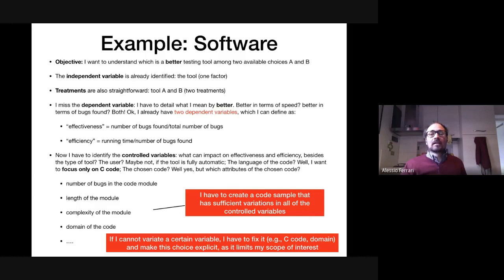In this case, if the theory depends on it, it may limit your scope of validity as well. But you can say, okay, I want to refocus my theory only on this domain and on this type of code. So this creates a boundary. The controlled variables somewhat create a boundary in your scope of interest.